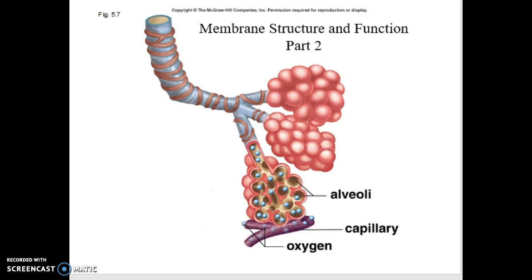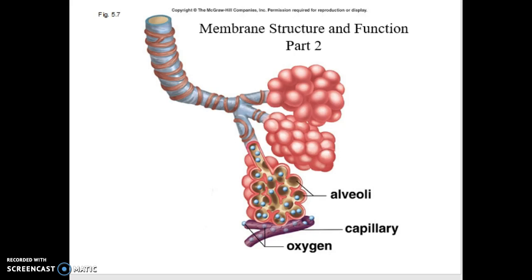So an example of diffusion is breathing right now. We breathe in oxygen. The oxygen goes all the way down into these little sacs called alveoli within our respiratory system. So we go into the lungs, the bronchioles, and it keeps branching, getting smaller and smaller. And at the alveoli, there's a high concentration of oxygen molecules, and they're tiny.